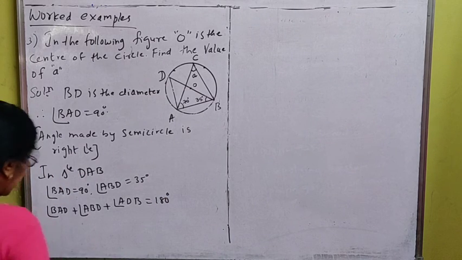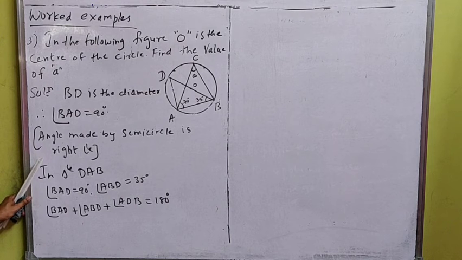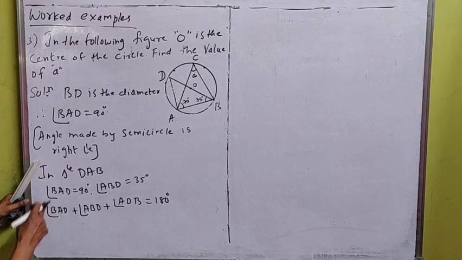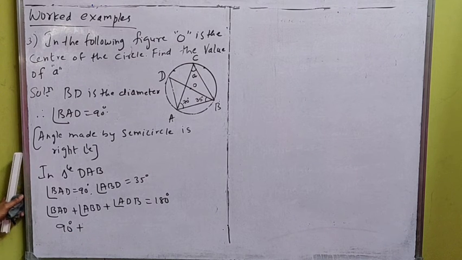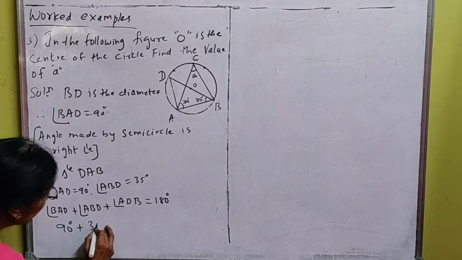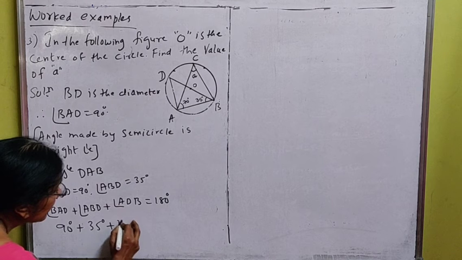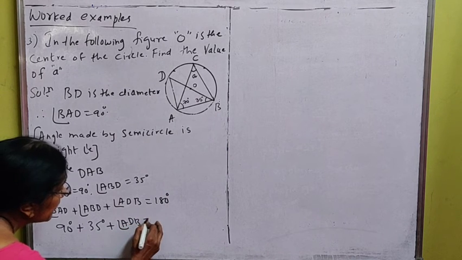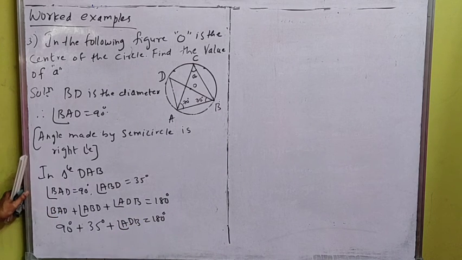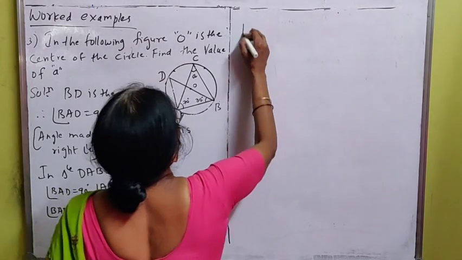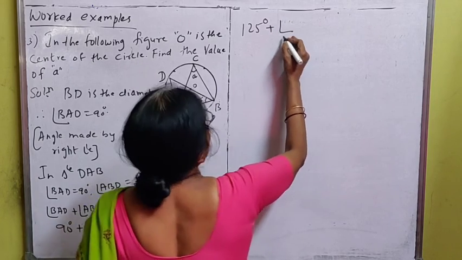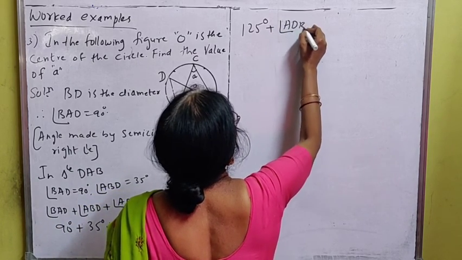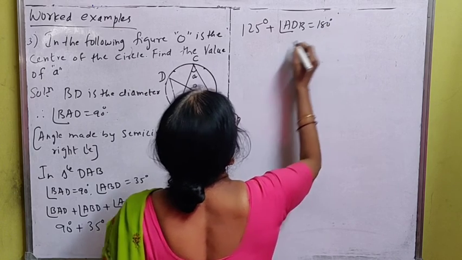So what will you get if you substitute the values? What is angle BAD? 90 degrees, plus what is angle ABD? 35 degrees, plus angle ADB is equal to 180 degrees. 90 plus 35, how much did you get? 125 degrees plus angle ADB is equal to 180 degrees.